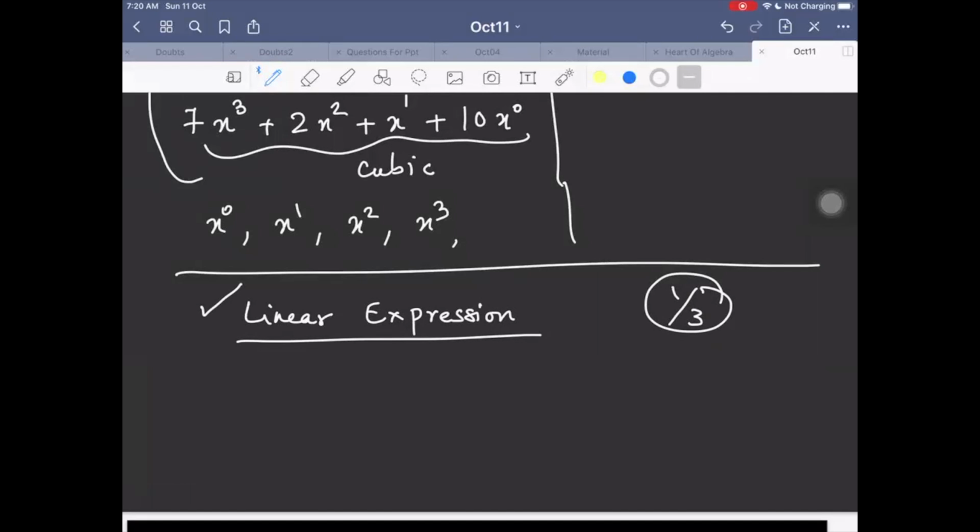A linear expression, when simplified, will always look like 3x plus 5, 2x plus 3, x plus 2, and so on. So that is a linear expression for you. Cool. Let's quickly do one problem.